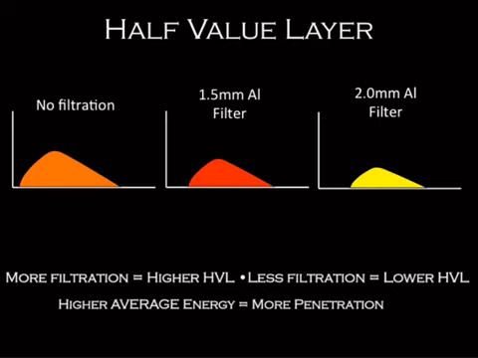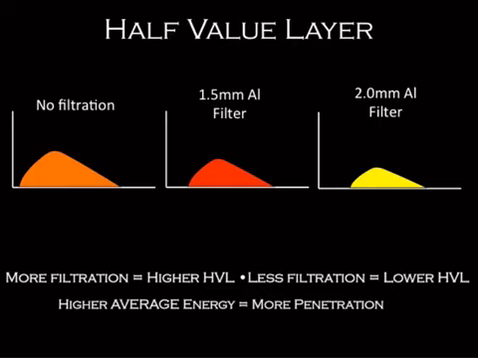So with each half value layer, the average energy of the photons goes up. Well, how can it go up? It goes up because the wimpy lower energy photons are removed first, leaving only the higher ones. And if you average the higher ones together and you remove the lower ones from the math equation, your average is going to go up.